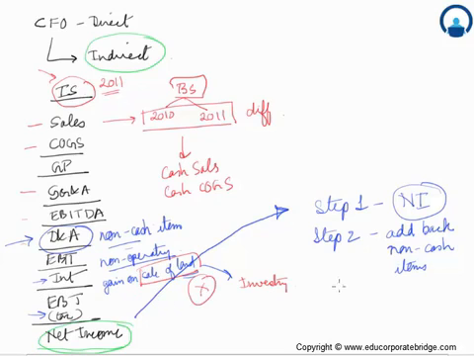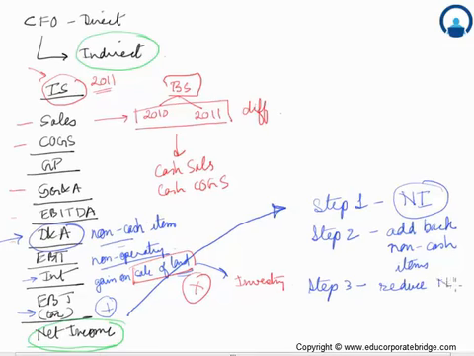A gain will have a positive impact on the net income, so we need to reduce it. If there is a gain, then reduce the net income by the amount of the gain, or if there is a loss, then you add the amount of the loss to net income.